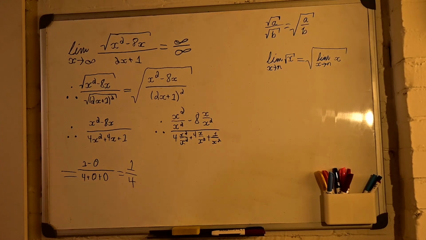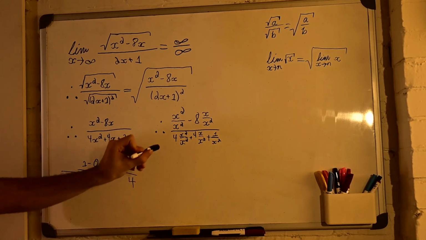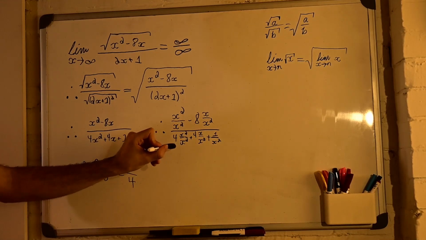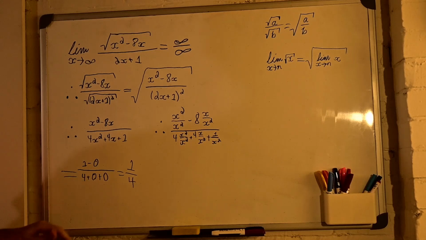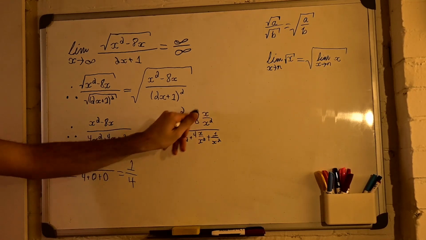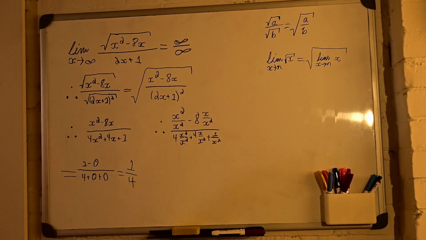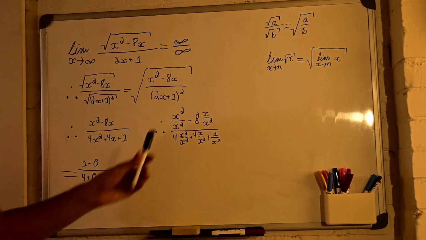Like before, x squared divided by x squared is just equal to 1. 4 times x squared divided by x squared is just equal to 4. And then everything else here, 8 times x divided by x squared, x divided by x squared, turns into 0. Let me explain why, because that's a little bit different than what we had before.